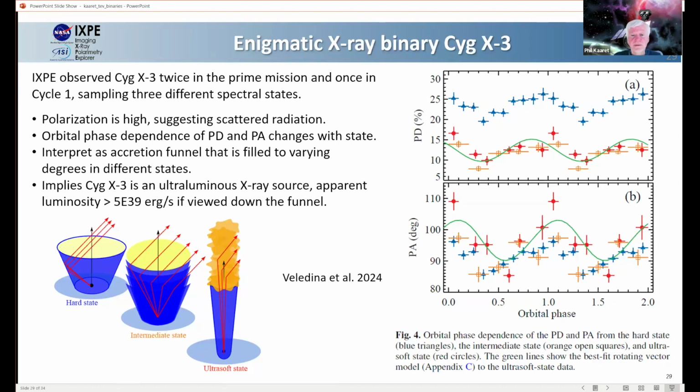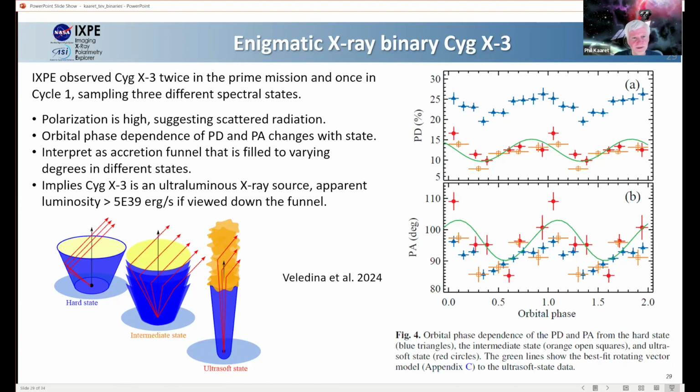And our interpretation, or the interpretation of Alexandra Veledina from Turku, is shown over here: we're not actually seeing the compact source directly. The source is, again, super Eddington, so there's an accretion funnel.